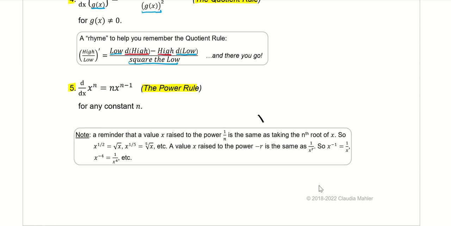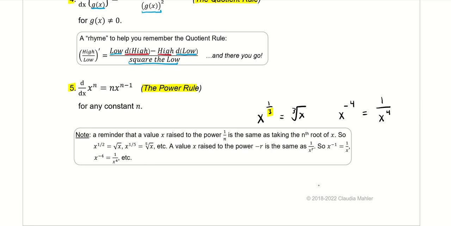Another example, if I have x to the, say, 1/3, that's the same thing as taking the third root or the cube root of x. And if you have an x raised to a negative exponent, that's the same thing as taking 1 over x to the positive exponent. So if I have x to the -4, for example, that's the same thing as 1 over x to the 4th, which is the same thing I have here.